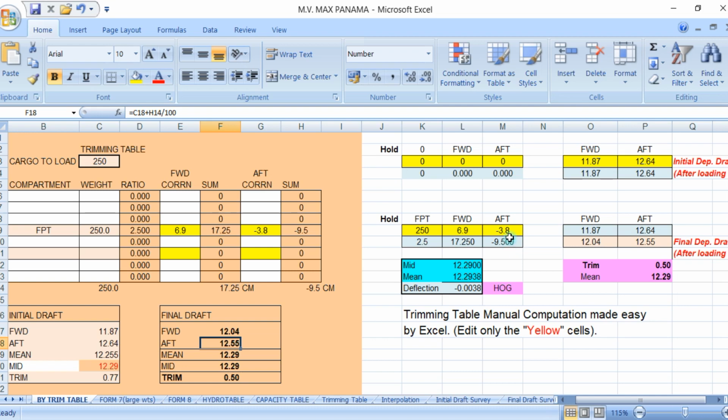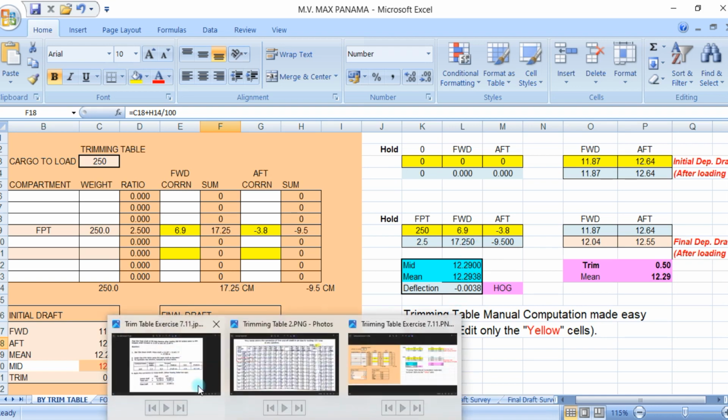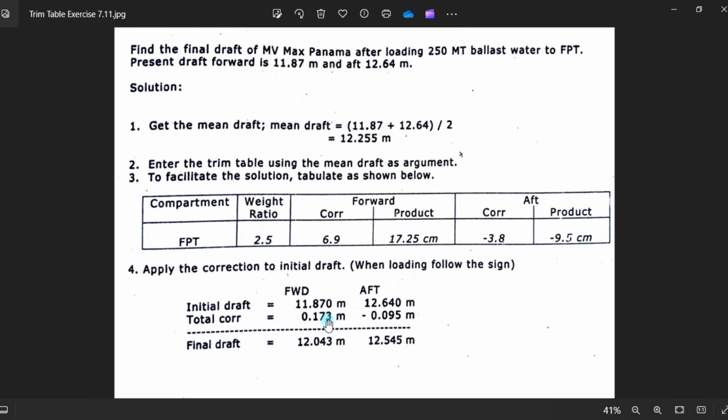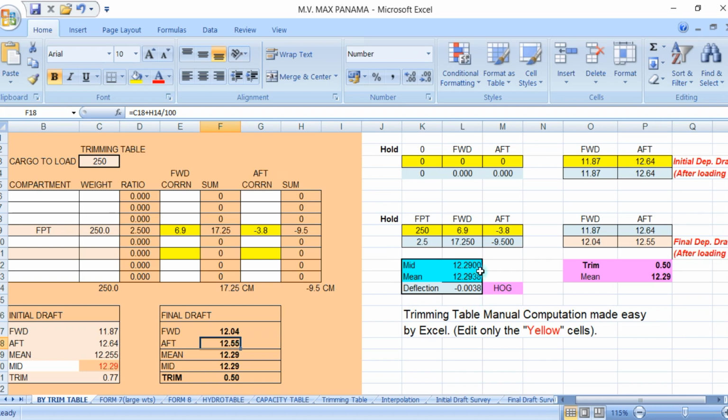Okay, so divide this by 100, that will be 0.173. Okay, so divide this by 100, that will be 0.173, and divide this by 100 will be 0.0995. Then you apply this correction with this one.